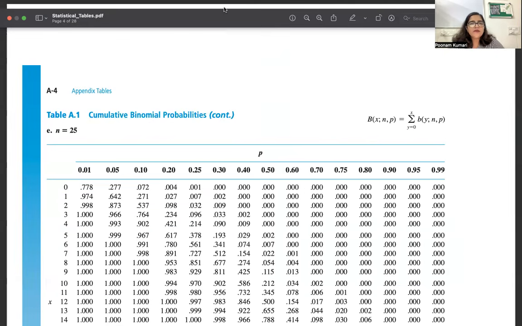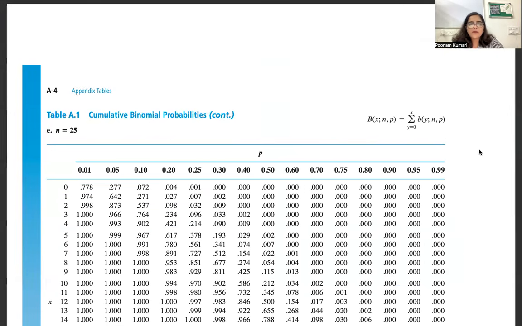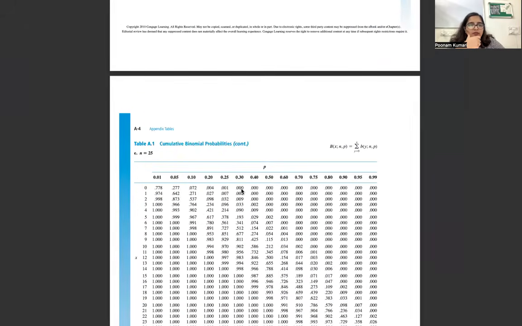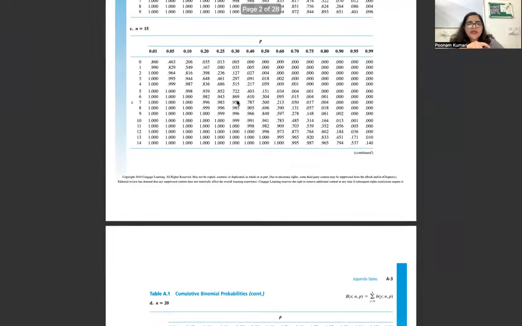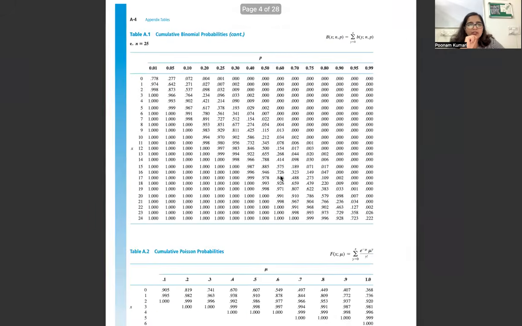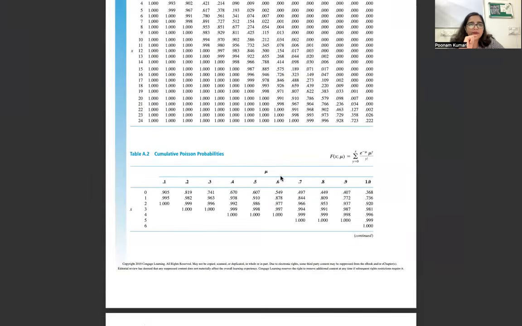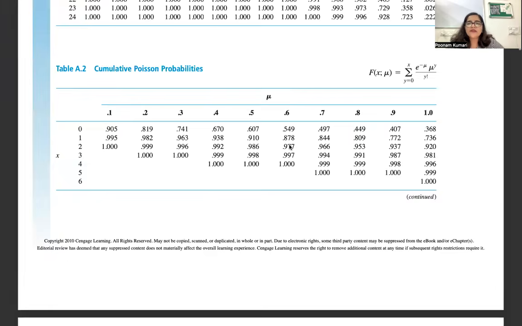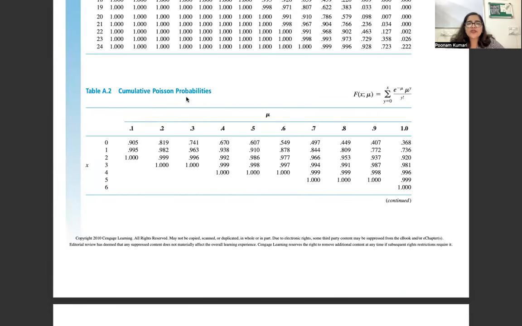ठीक है, तो इसमें जब आप ये देखोगे तो देखो लास्ट टाइम हमने ये टेबल स्टडी किए थे, फर्स्ट टेबल विच वाज द बाइनोमियल क्यूमुलेटिव टेबल. अब इसके बाद जो हमारी दूसरी टेबल है वो ये है, टेबल A.2, दिस वन. व्हाट इज दिस? दिस इज क्यूमुलेटिव पॉइजन प्रोबेबिलिटी. तो जैसे कि लास्ट टाइम भी मैंने कहा था कि whenever you read a table, just see on the left hand or right hand side, wherever, what are they trying to do.